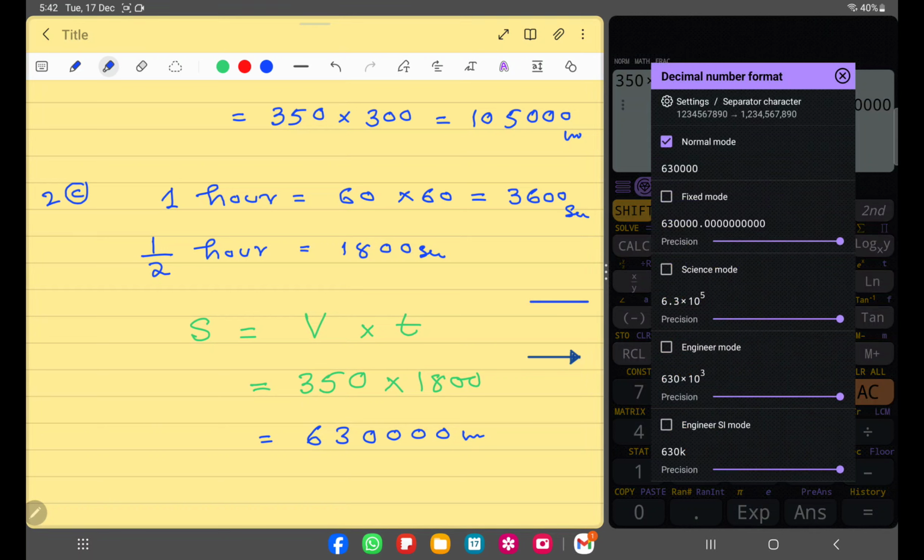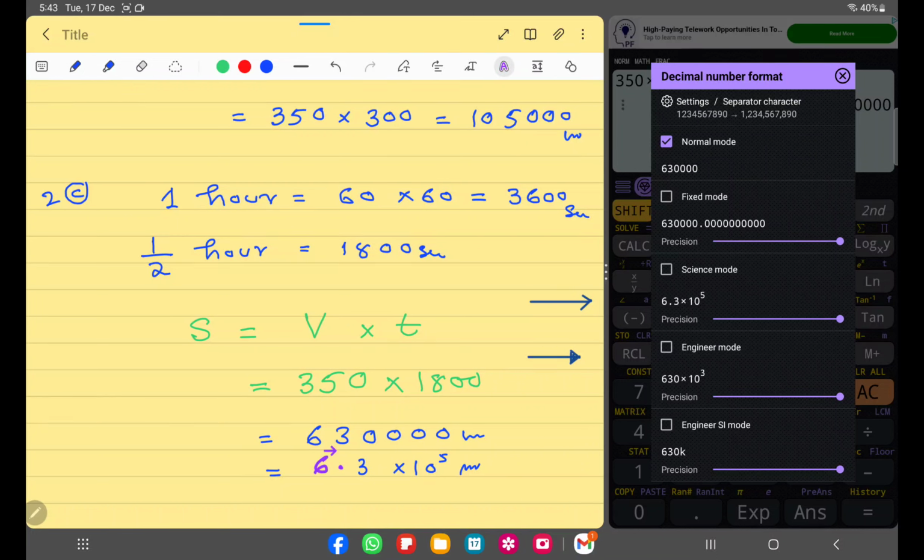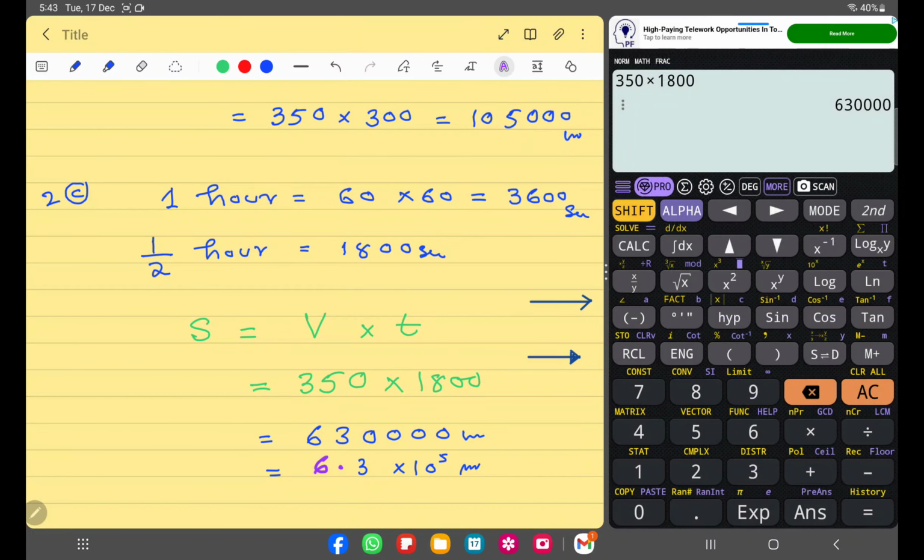The exponent form is 6.3 exponent 5. The standard form is that the decimal should be after the first digit. So it is 6.3 exponent 5. So you should know the ENG key on the calculator, and if you press ENG, then the final answer is converted into exponent form. Okay?